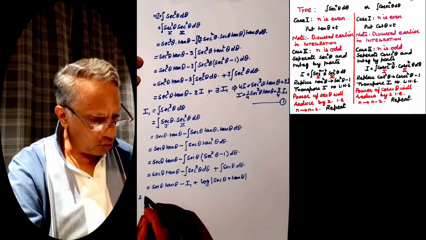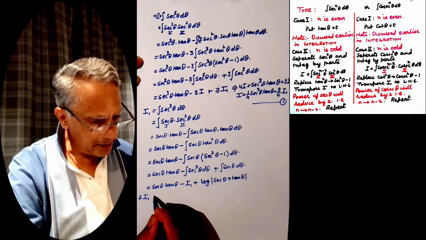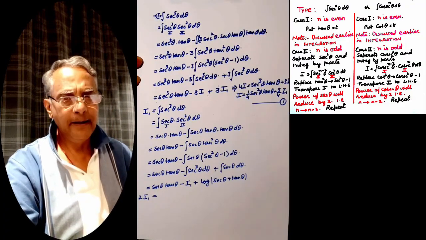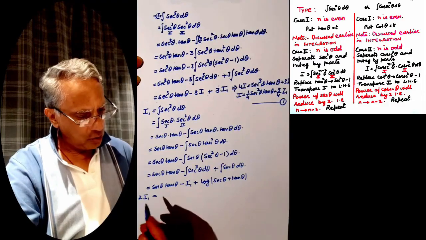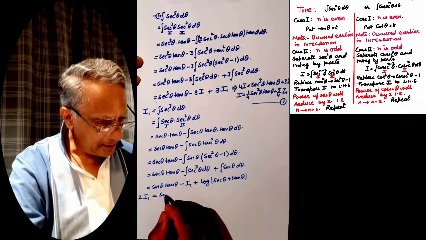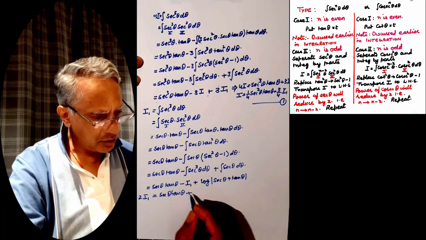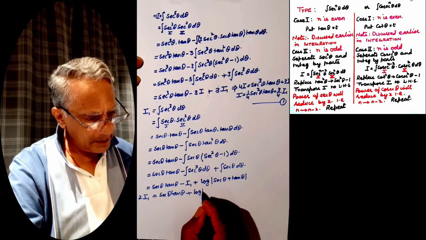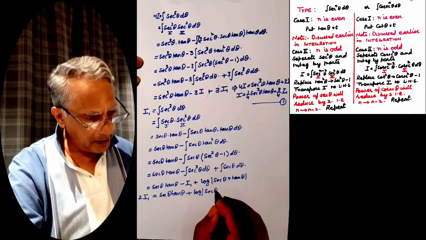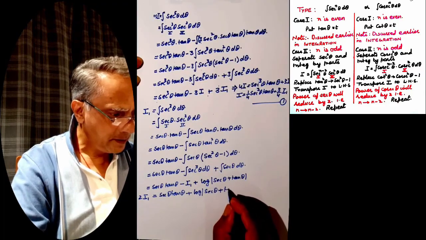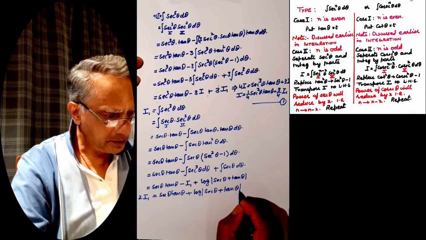Therefore, 2I1 is equal to, take this to the left hand side, 2I1 is secant theta tangent theta plus log of secant theta plus tangent theta.